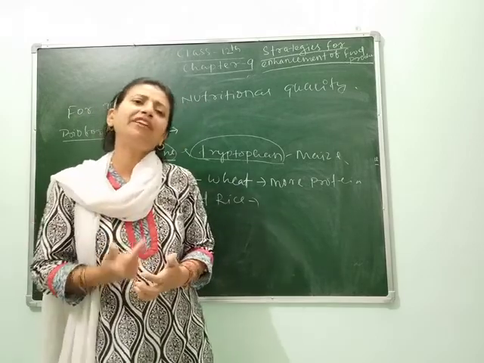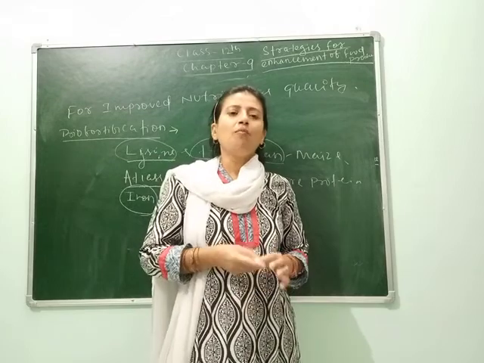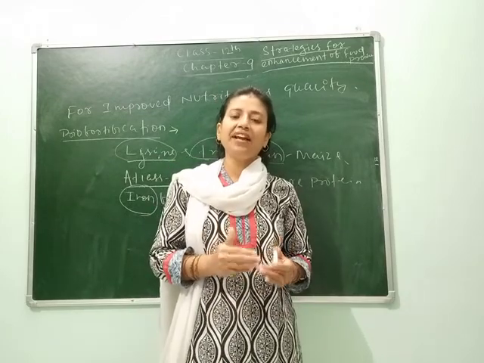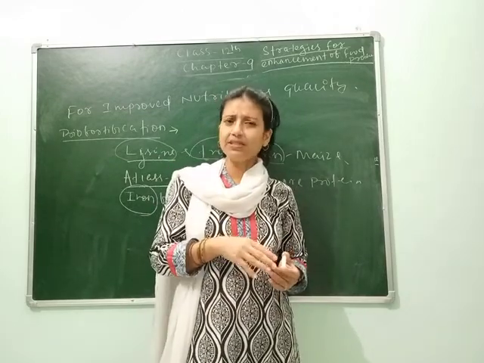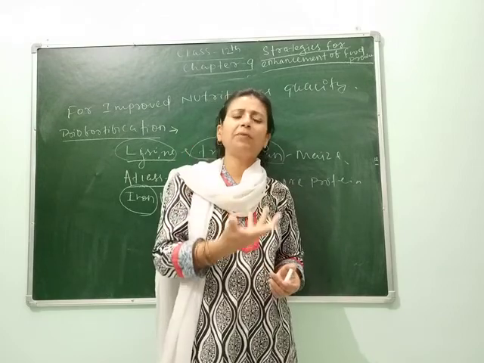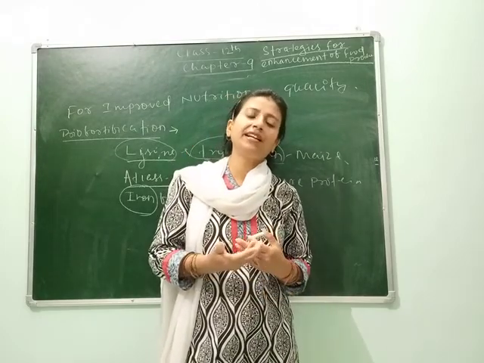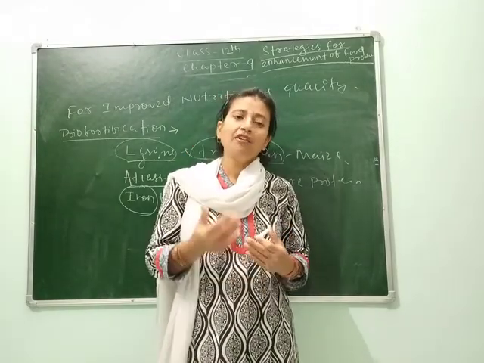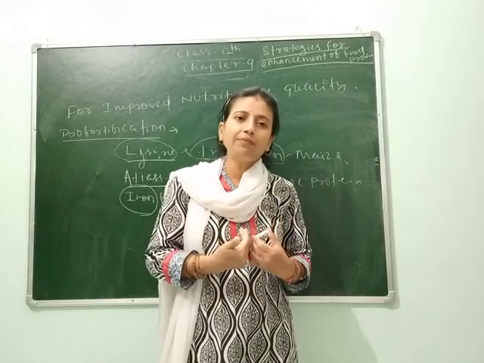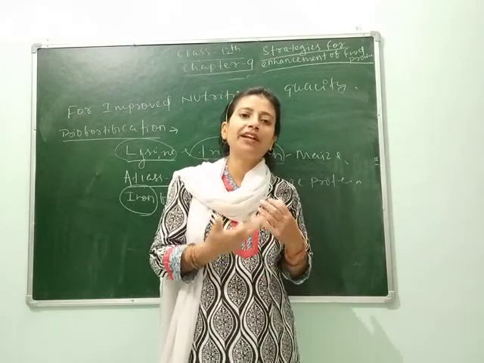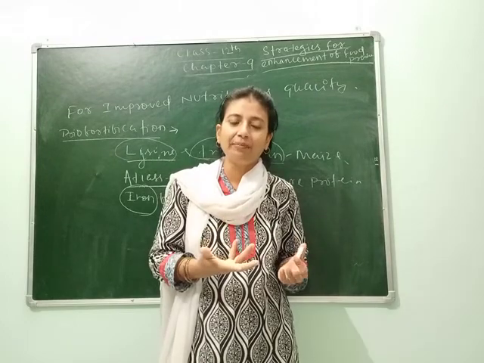Again students, why do we need this? As we know, more than 865 million people suffer from malnutrition, which we can call hidden hunger. Meaning we are taking food, but that food is not sufficient for the overall development of our body and mental ability.